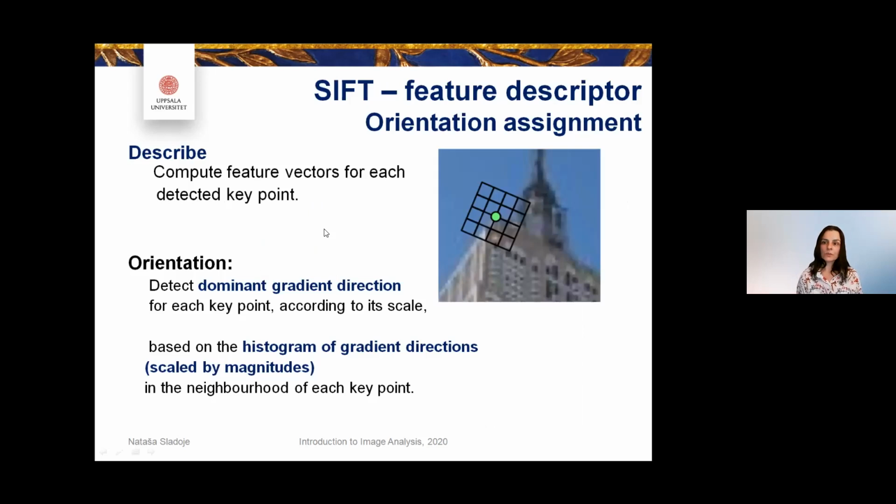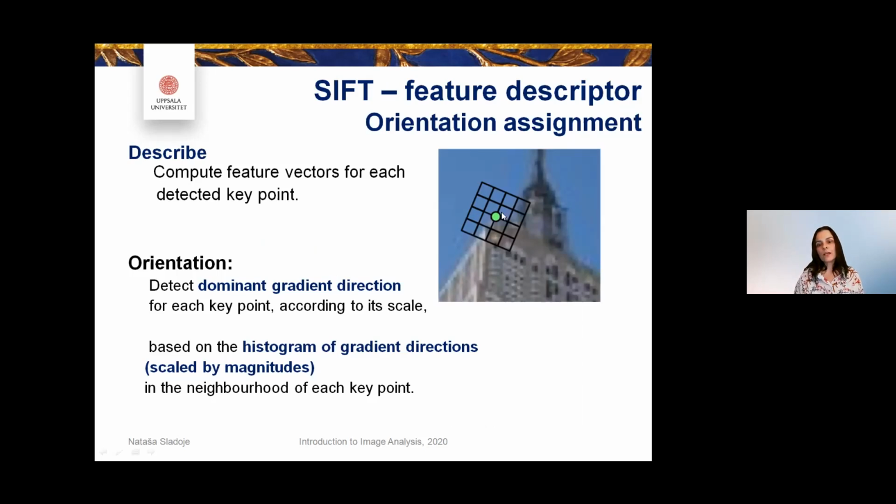Now we have the points detected. Now we want to describe them. So now we are adding the step of, first of all, normalization with respect to orientation, which will make SIFT rotationally invariant.